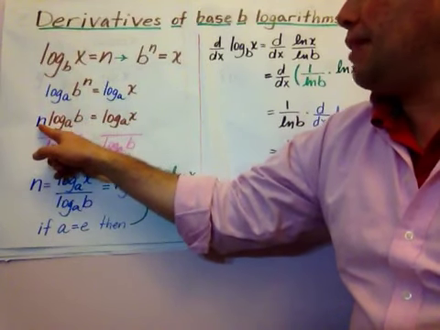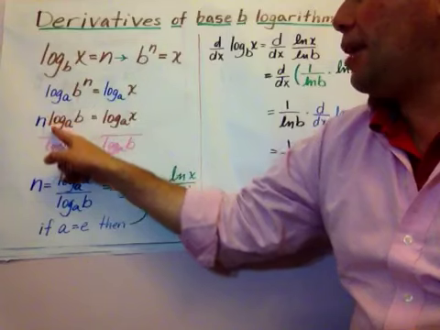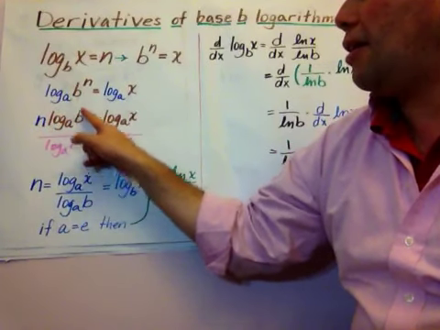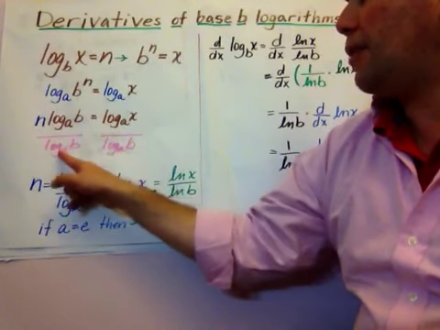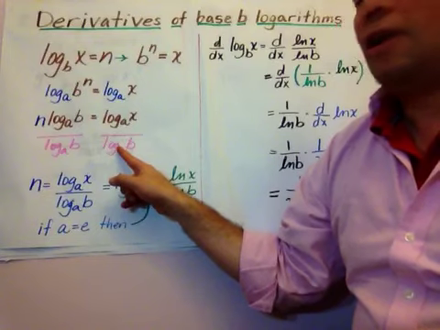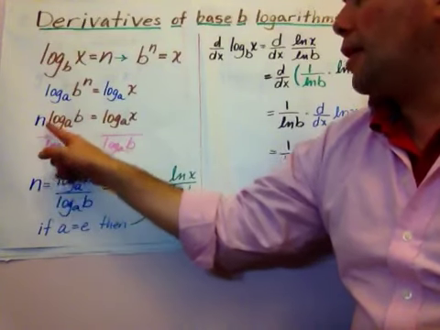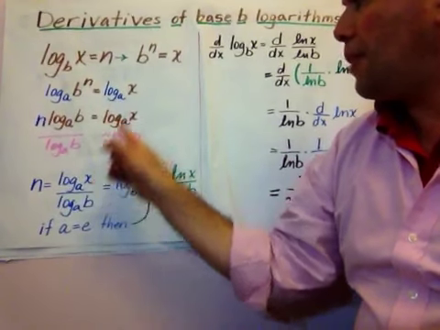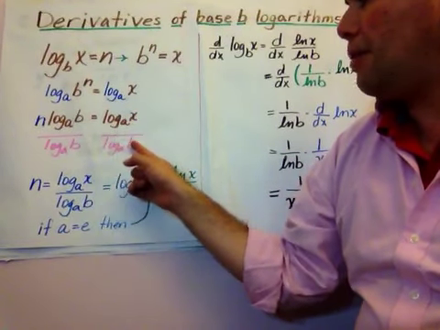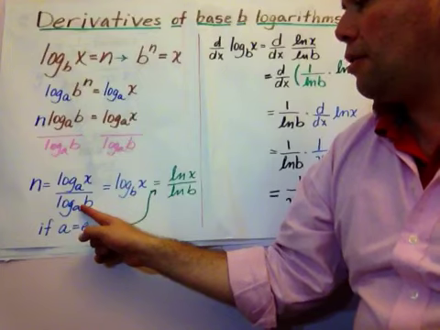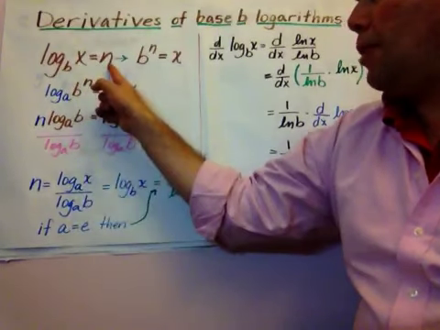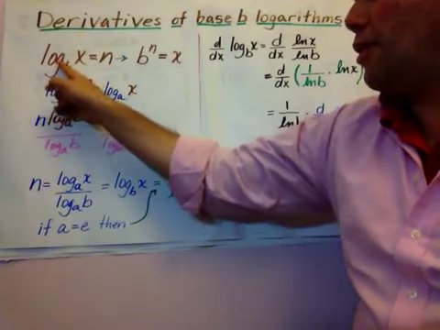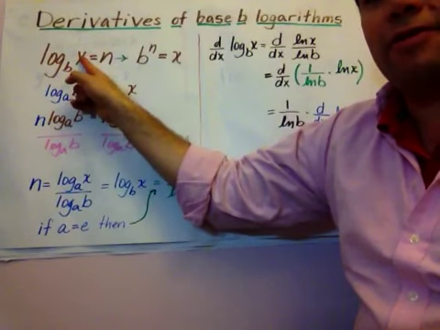Now, because we want to leave n by itself, we're going to divide by logarithm base a of b on both sides of the equation. This yields n equals logarithm base a of x divided by logarithm base a of b. Okay, but n was logarithm base b of x.